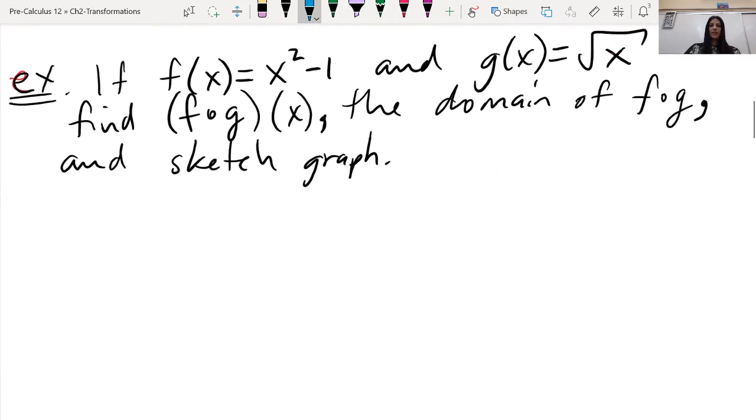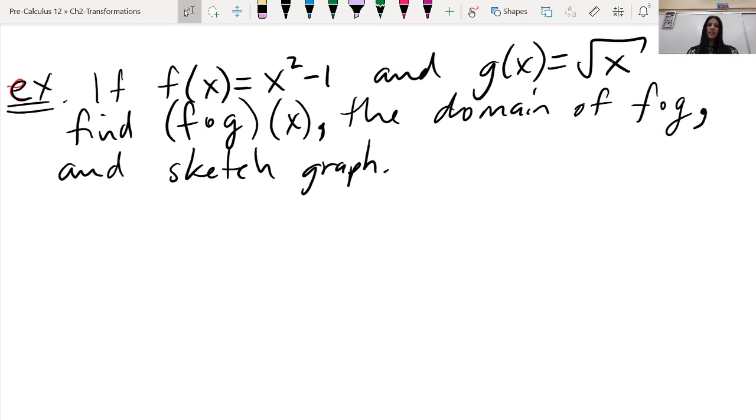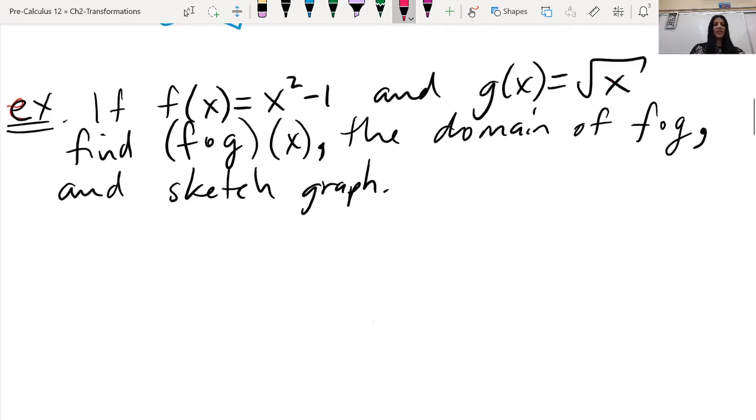Okay, so now let's take a look at if f of x equals x squared minus 1 and g of x equals root x, find f of g of x, the domain of f of g, and sketch the graph. Okay, so let's start by looking at this.